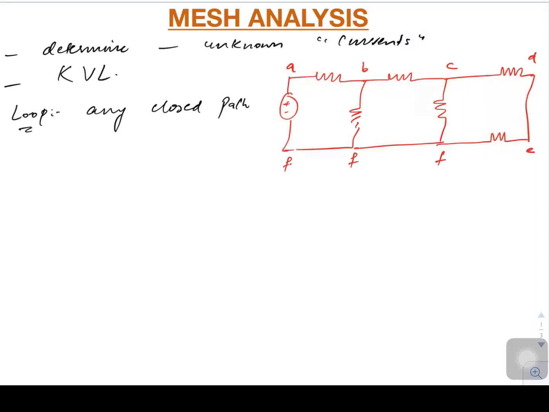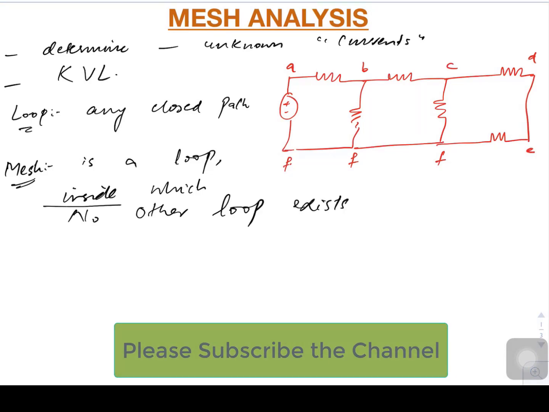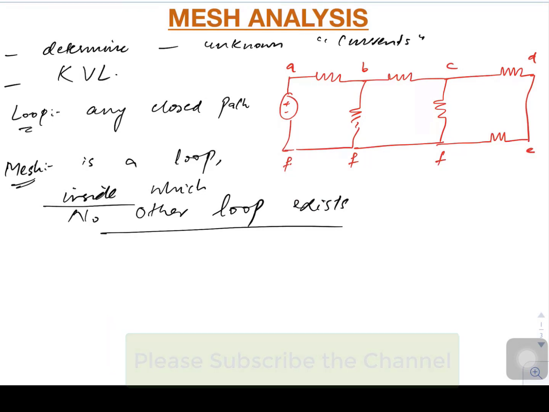But can you tell me what a mesh is? A mesh is again a loop. It is a loop inside which no other loop exists. So this is the condition. If we analyze again, we can say that this particular path is a loop, but it is not a mesh, because inside this there are other loops also.